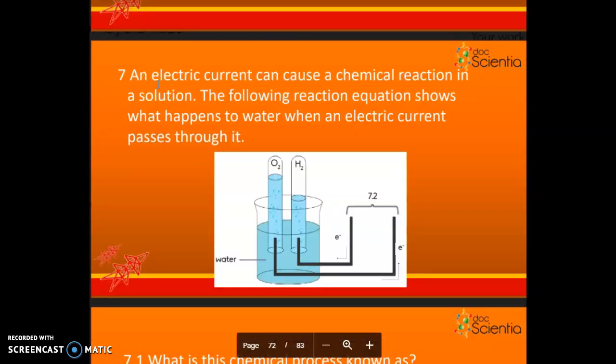Number 7. An electric current can cause a chemical reaction in a solution. The following reaction equation shows what happens to water when an electric current passes through it. So here we have the water and then H2 and O2 is released if you put electricity into it.